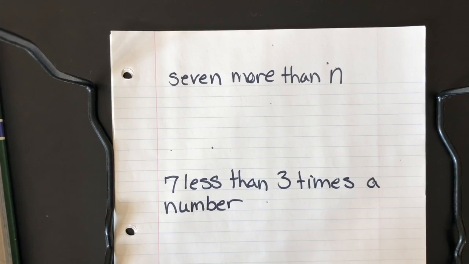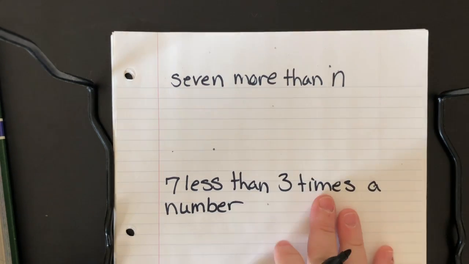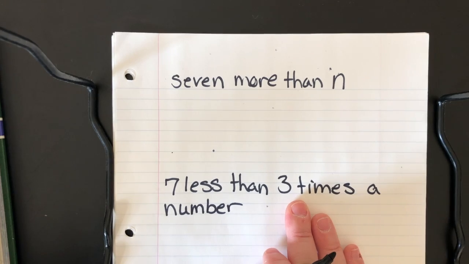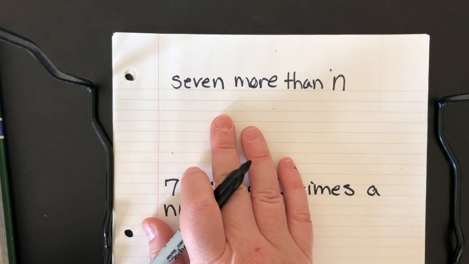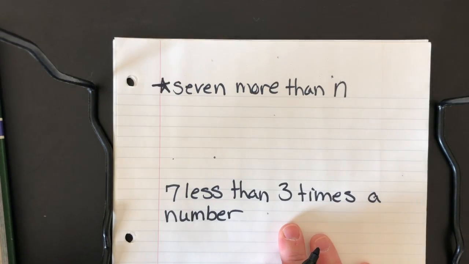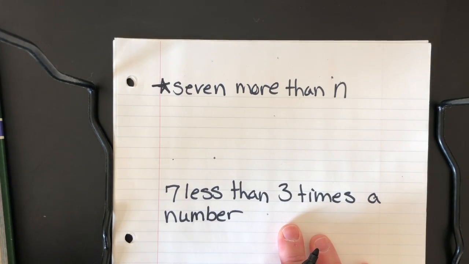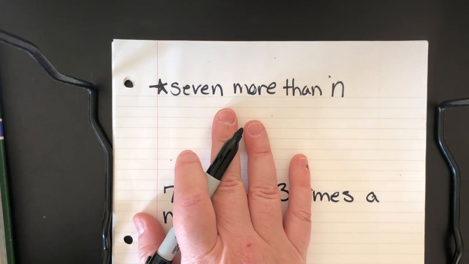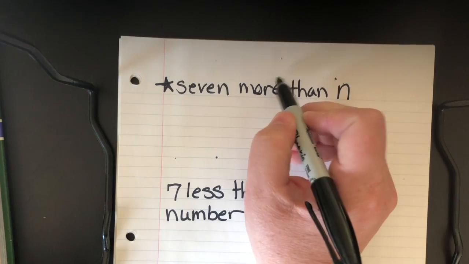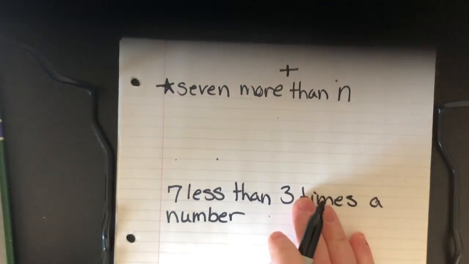Understanding these terms and how they're useful in math is when they write out an algebraic expression in words, you can then take the written version and make an algebraic expression. So first one, start off easy. 7 more than n. More than refers to addition.